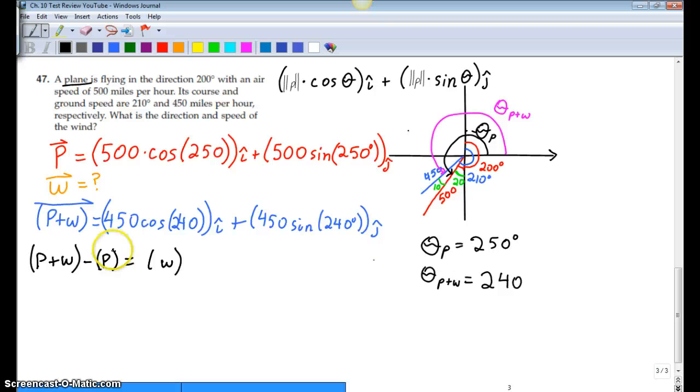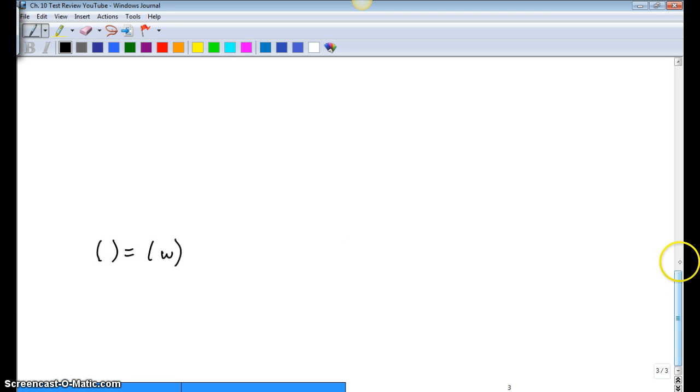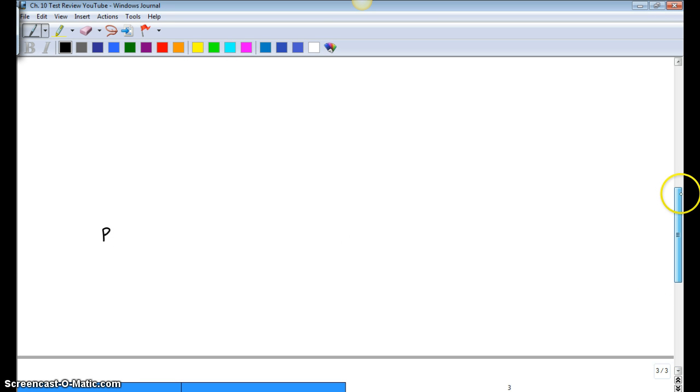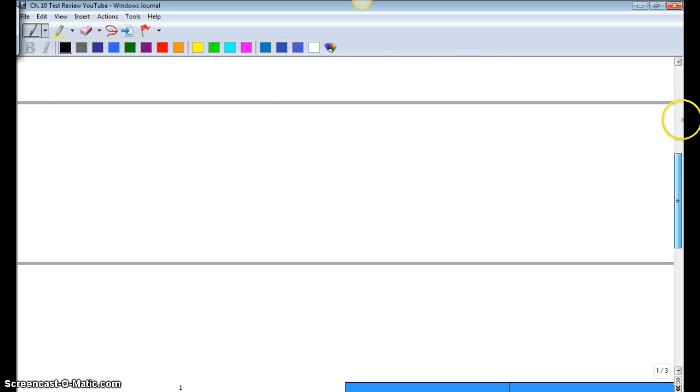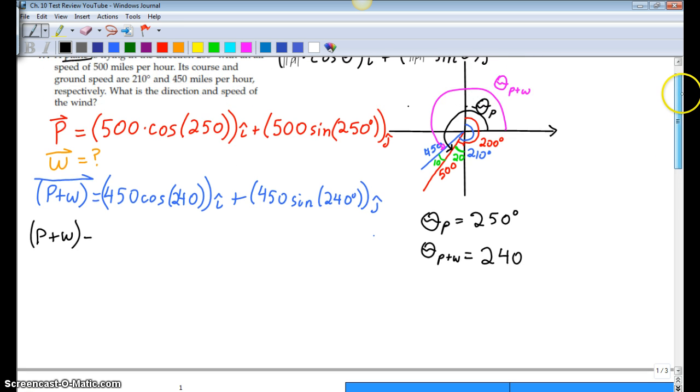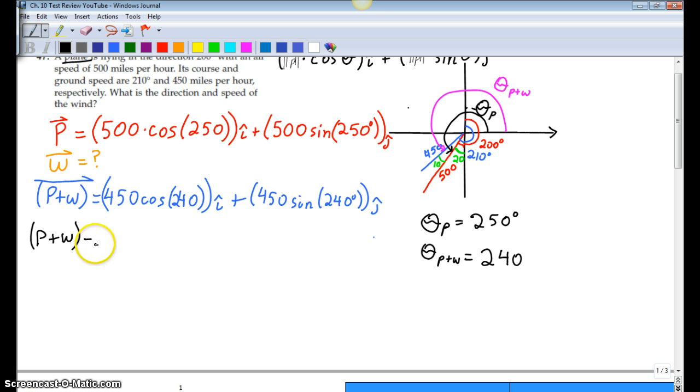So, easier said than done, right? It's just a lot of writing, so real quickly, we'll do that. Okay, I'll refill that in. P plus W minus P gives us W. So what does that look like? I'll still try and color code it.